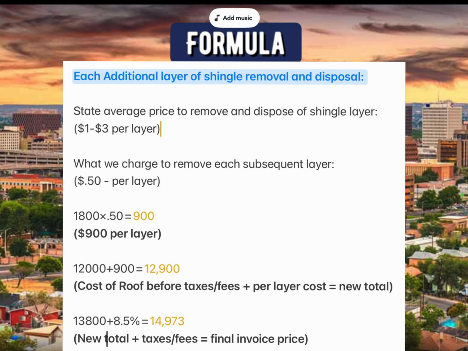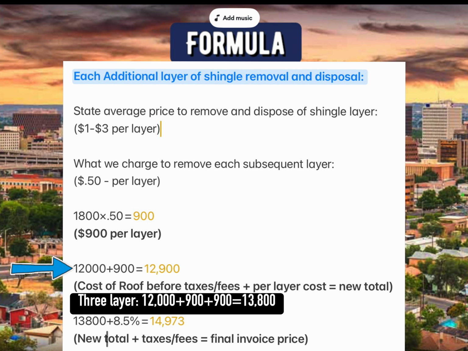So let's say you had 3 layers of shingle on your roof. You would take your original cost of $12,000 and add $900 plus $900. That's for each subsequent layer, bringing us to a new total of $13,800.